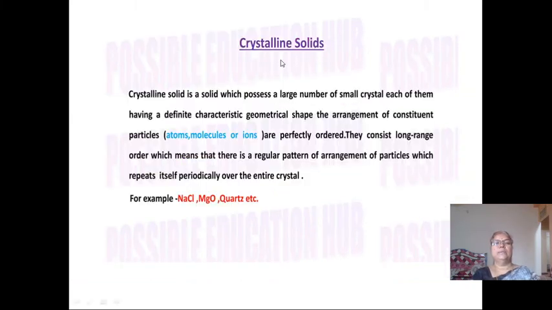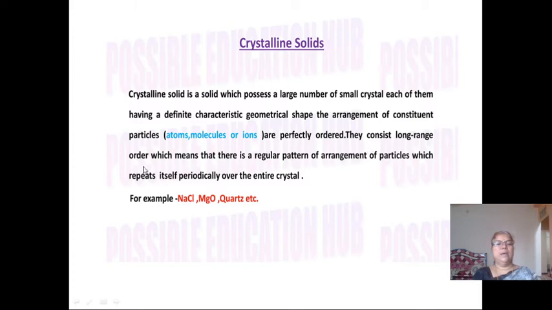A crystalline solid is a solid which possesses a large number of small crystals, each of them having a definite characteristic geometrical shape and arrangement of constituent particles. That means atoms, molecules or ions are perfectly ordered.